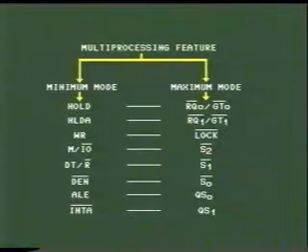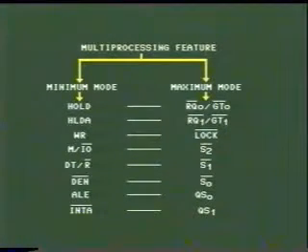Multiprocessing support. The 8086 has built-in architectural features to support multiprocessing. It has two modes of operation known as minimum and maximum mode, realizable by strapping the MN/MX bar pin to VCC or ground.